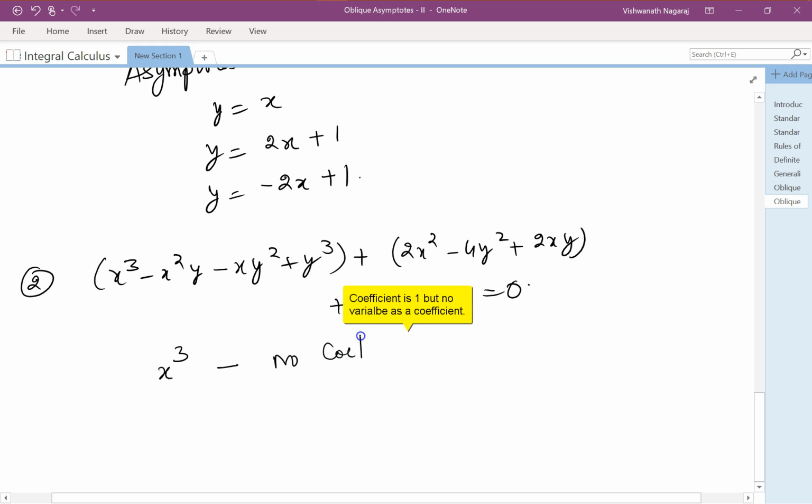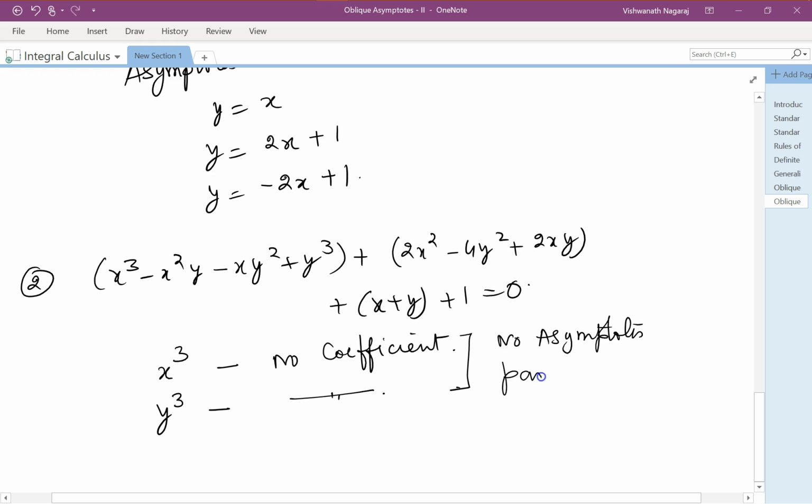No coefficient, right? Similarly, highest power of y is y³. Again, no coefficient, which means no asymptotes parallel to the xy axis. Okay.